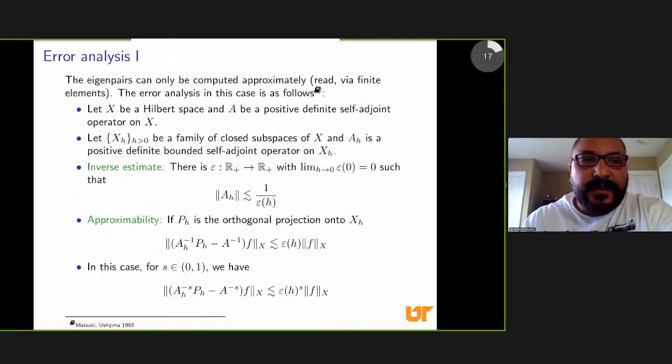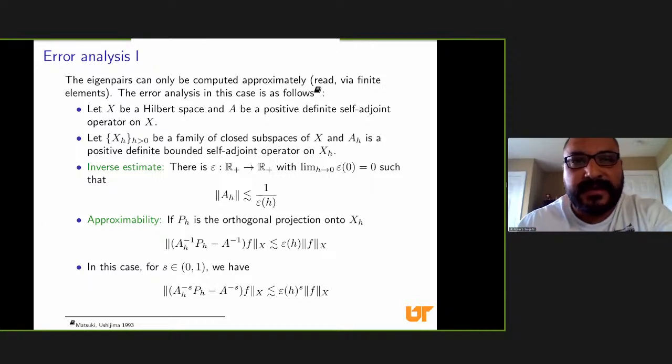So let me talk a little bit about the error analysis, because that can give insight into some other approaches. There's this '93 paper by Matsuki and Ushijima that doesn't have the attention that it deserves, I think, that does the error analysis of this approach in a very general setting.